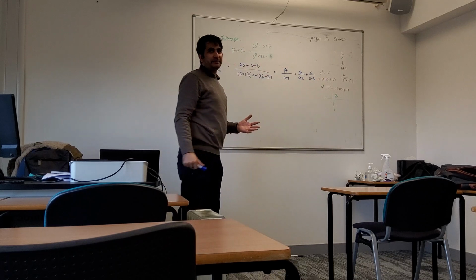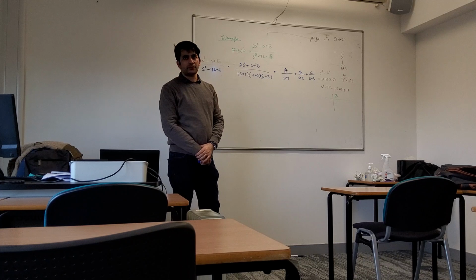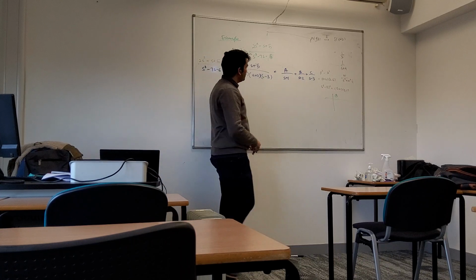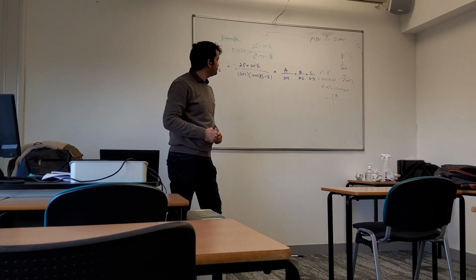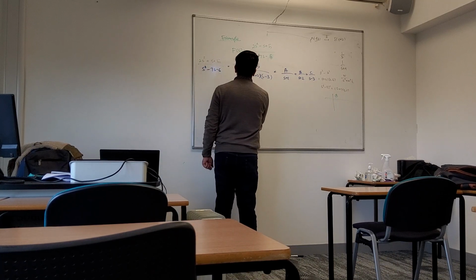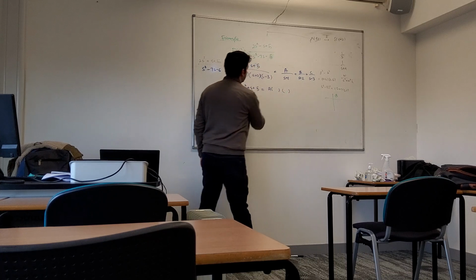The very simple way is to cross multiply things. If I cross multiply it here, it would be 2s squared plus s plus 5 equals a. What would come in here? s plus 2 and s minus 3.